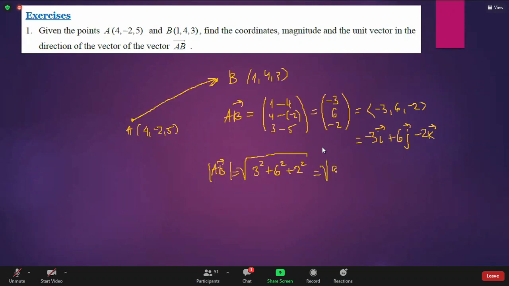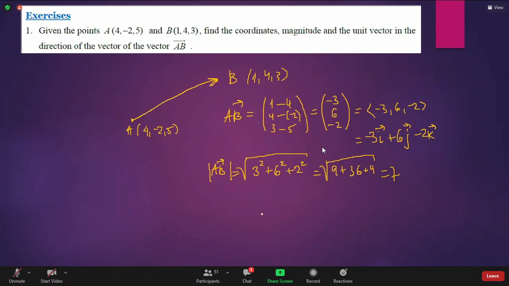And so we have 9, 36, and 4. 36 and 4 is 40, 49. So the magnitude is 7. The magnitude of this vector AB is 7, as we can see. It will not always be nice numbers. We will get irrational numbers, square roots of crazy numbers all the time, because not many vectors have nice numbers as magnitudes, as length.